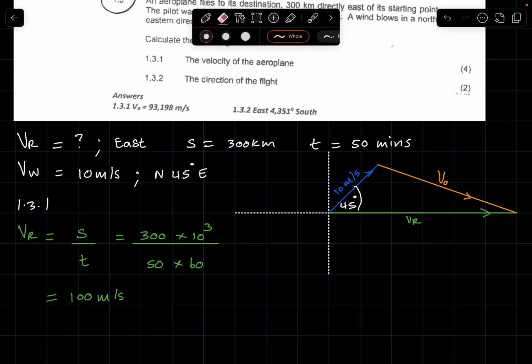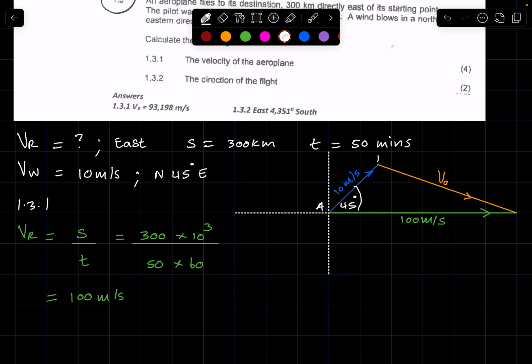And remember now, VR, we've calculated and got 100 meters per second. So it means we have this vector and we have this vector, making this angle an included angle. So if you have an included angle, it means we can use the cosine rule.